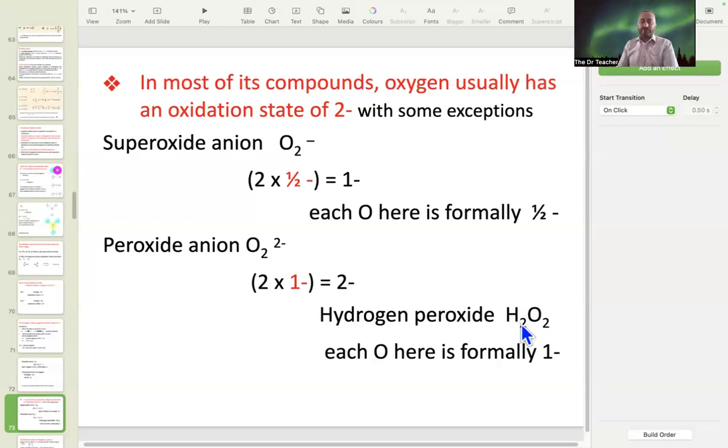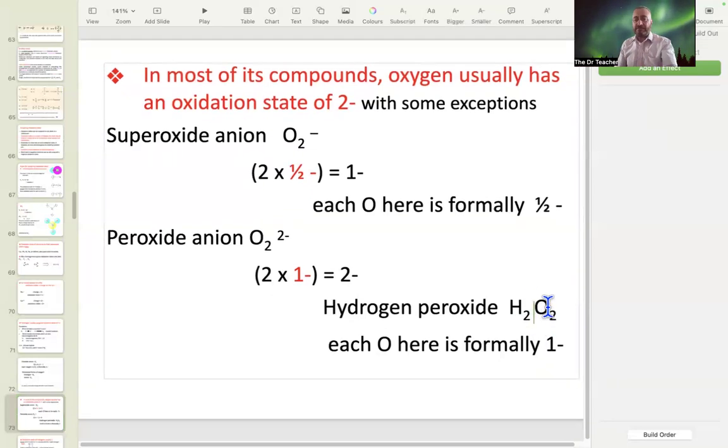You have 2 hydrogens, the left side of the molecule, H2, and the right side is O2. There is no charge on this molecule together, because they are 0.